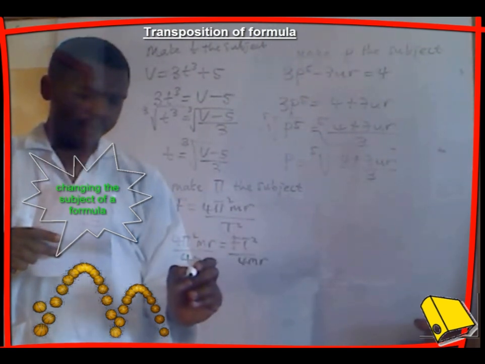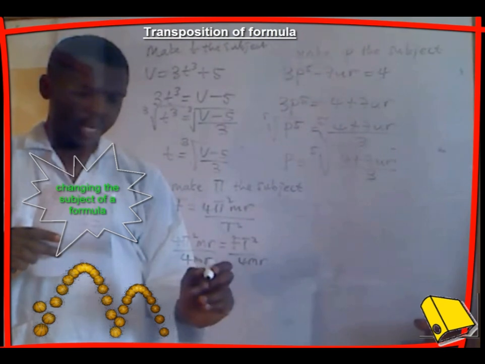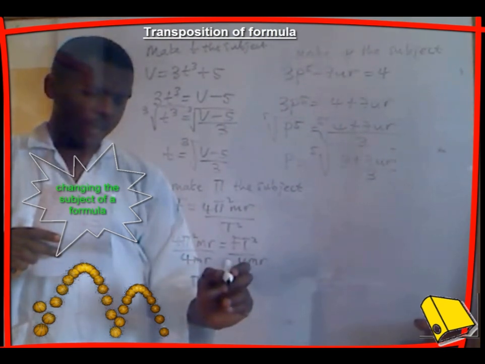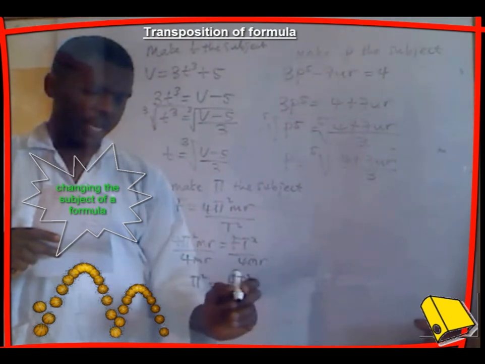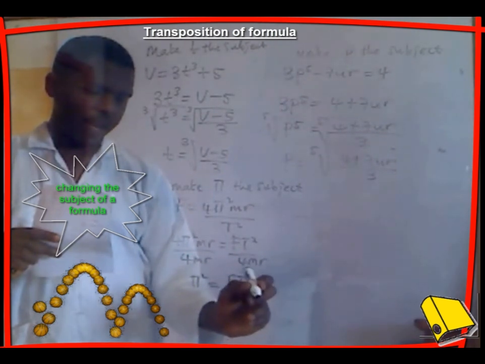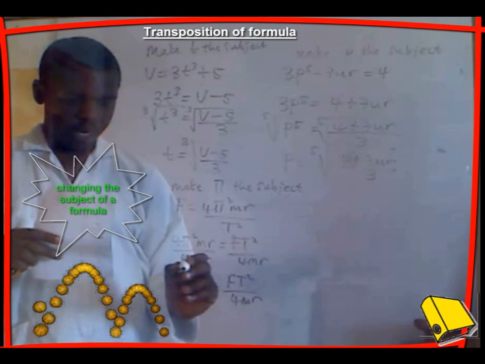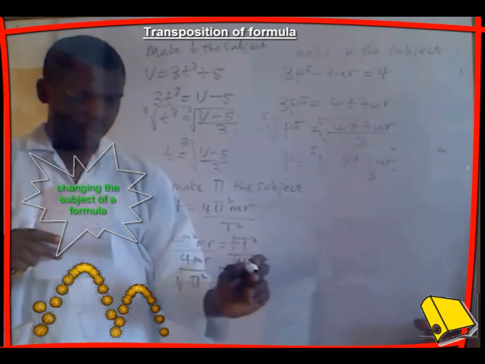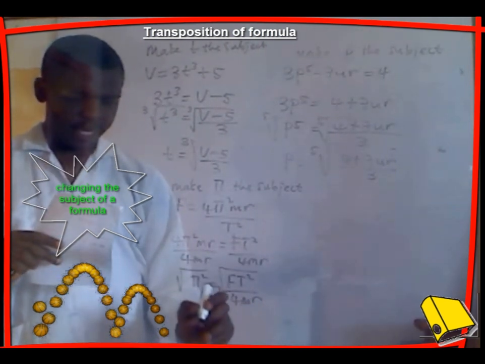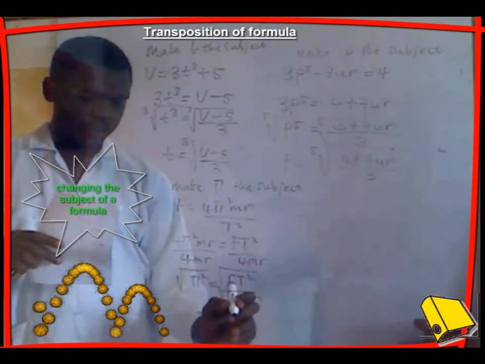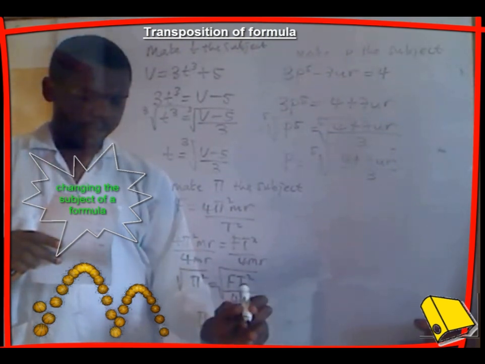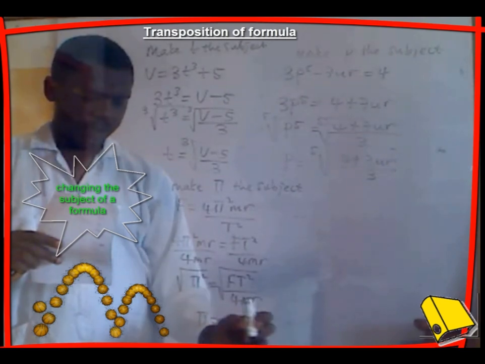So I shall have pi square is equals to f times t square divided by 4mr. I take square roots on both sides. I'll have pi is equals to f times t square divided by 4mr, all to the root.